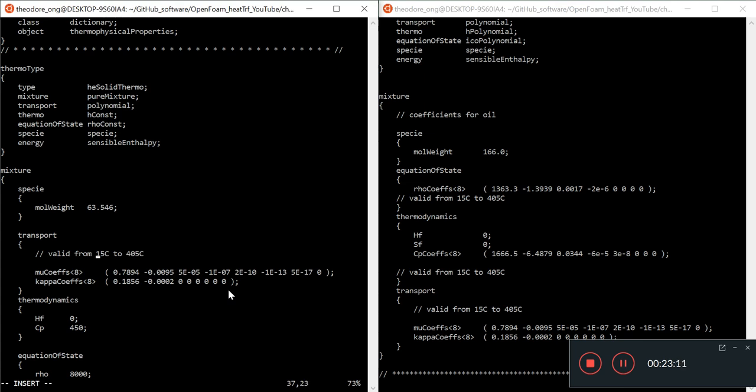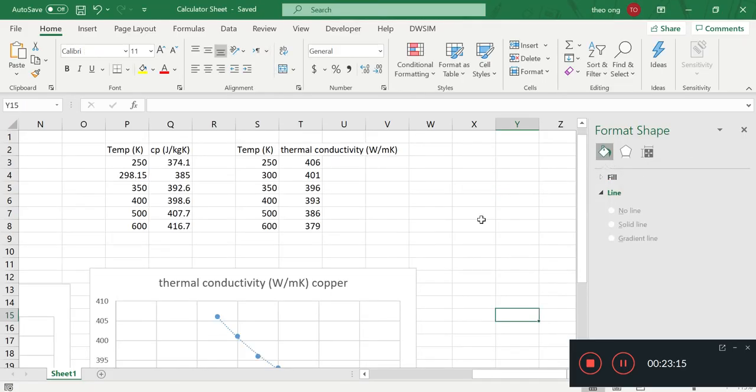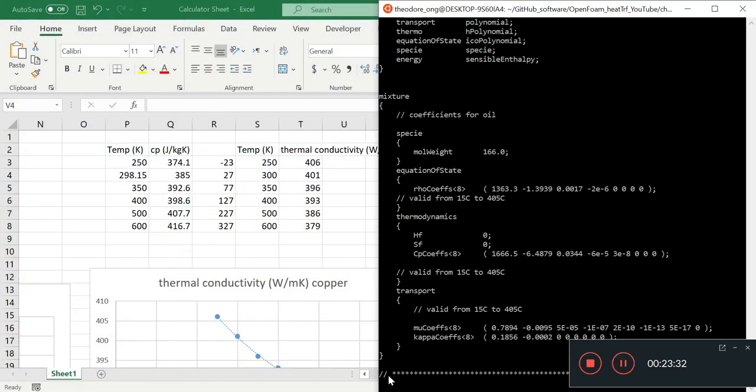Let's convert this to Celsius. So 250 equals this minus 273.1. Okay, just 273. So minus 23 all the way up to 327. Okay, so this is the valid temperature range.